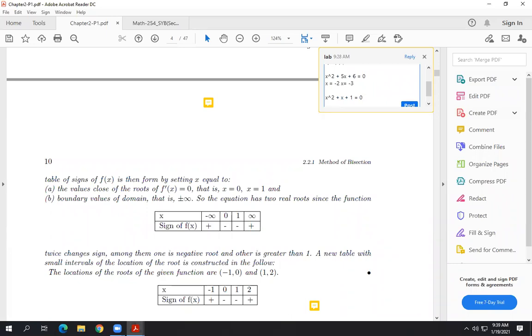Is this a non-linear equation or not? Yes, non-linear. So how many roots for this one? Should be 2. Are they real or not? Not, because you cannot factorize. And when you cannot factorize, how can you find the root, please? Any student? You did it at school level.